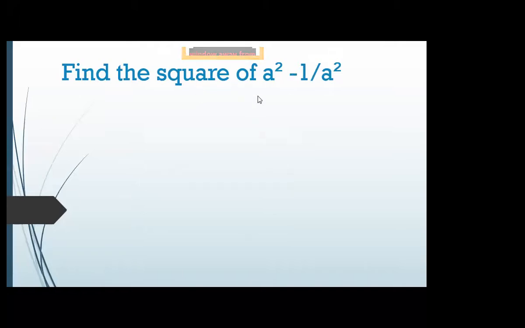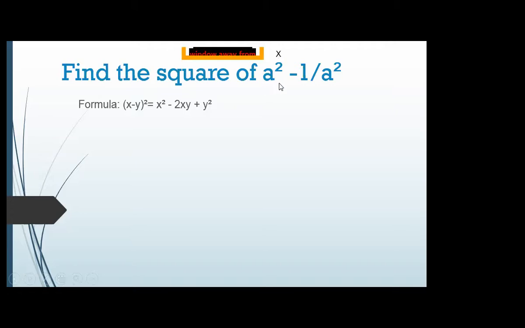Let's start the question. First, write down the formula properly. But please remember that only the negative sign comes with the second term. Now let's compare the left-hand side of the formula with our question. So here, a square is our x and 1 over a square is our y.